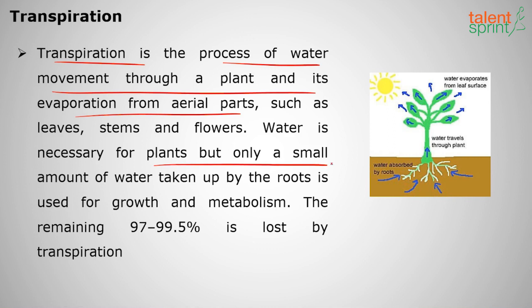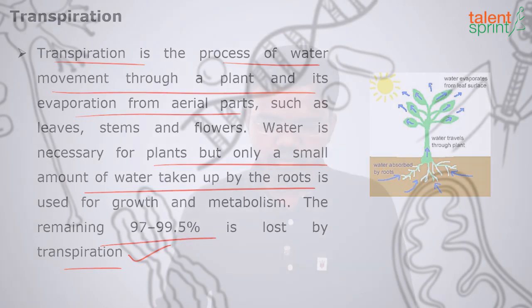Water is necessary for plants, but only some water is used, and the remaining 97 to 99.5% is lost by transpiration. This is because of evaporation. Through the pores of the leaves or stems or roots, that is stomata, the water will come out because of evaporation. So this is all for this session in this photosynthesis topic.